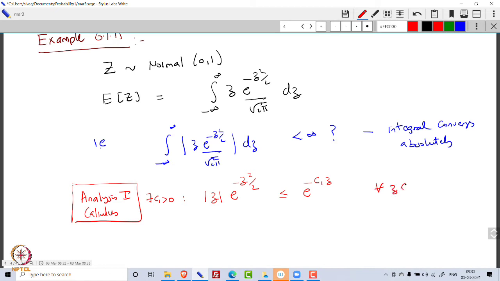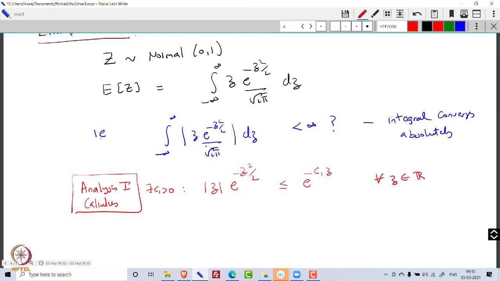This is always true, something one has to verify. Of course, it's most useful when Z is positive. When Z is negative, it's not so useful.